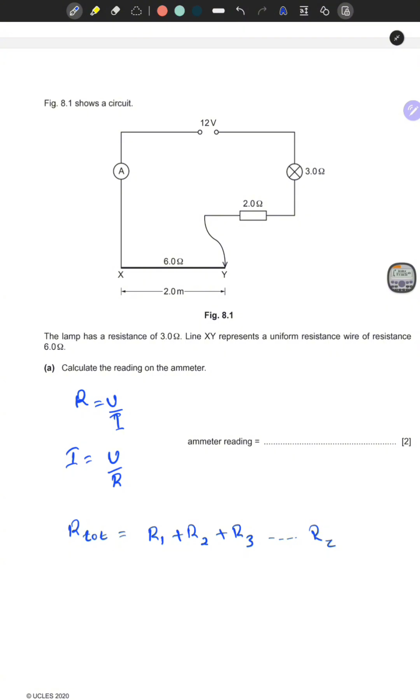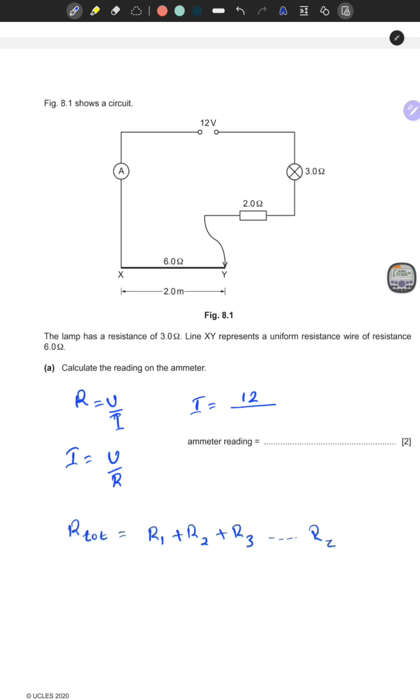This is the way to find the total resistance of a circuit when the circuit is in a series connection. Alright, let's get back to the formula I have here. So the total volt here is 12. So I is equal to 12 over the total resistance. Let's do that quickly down here.